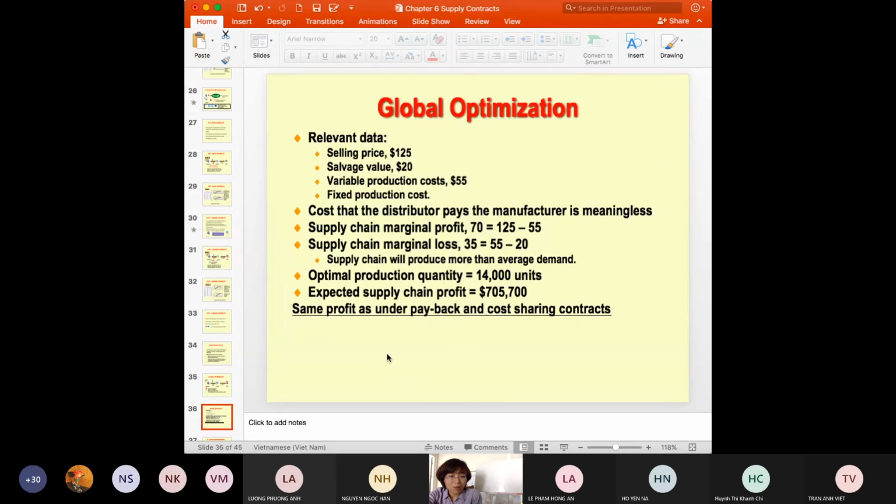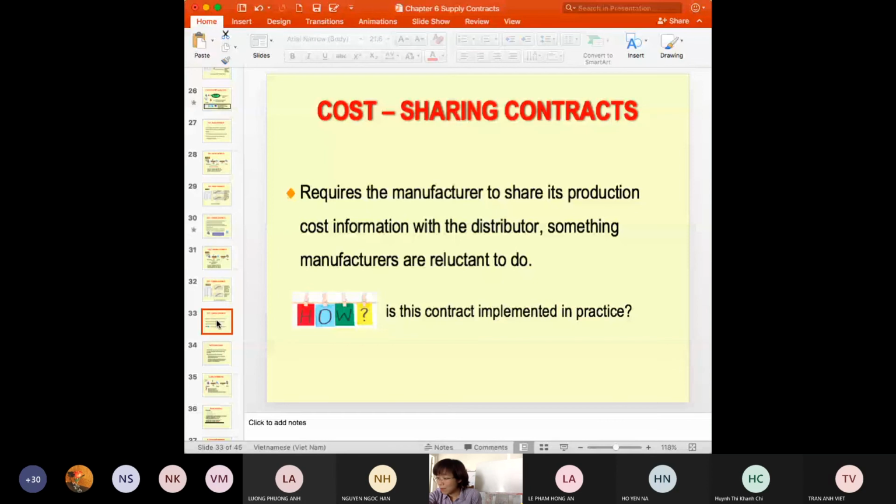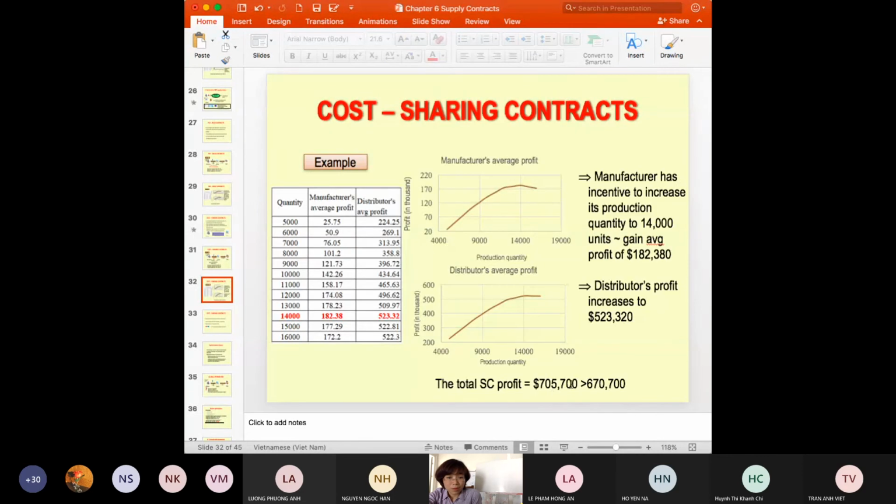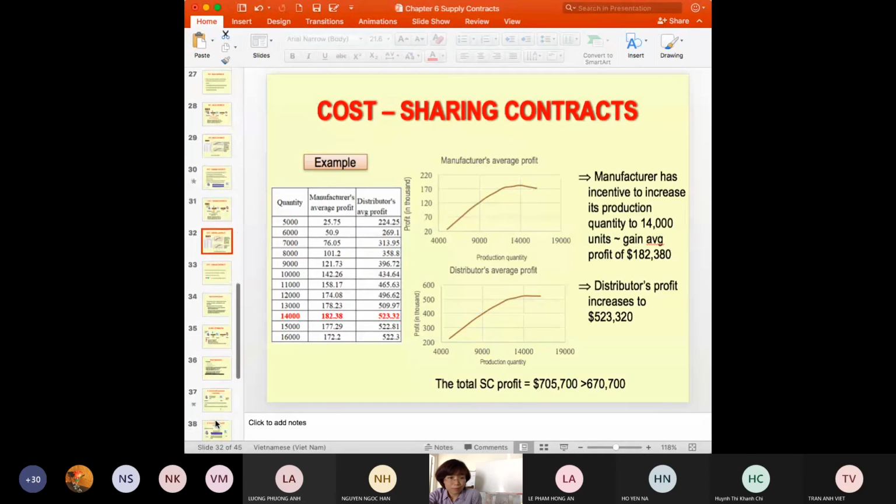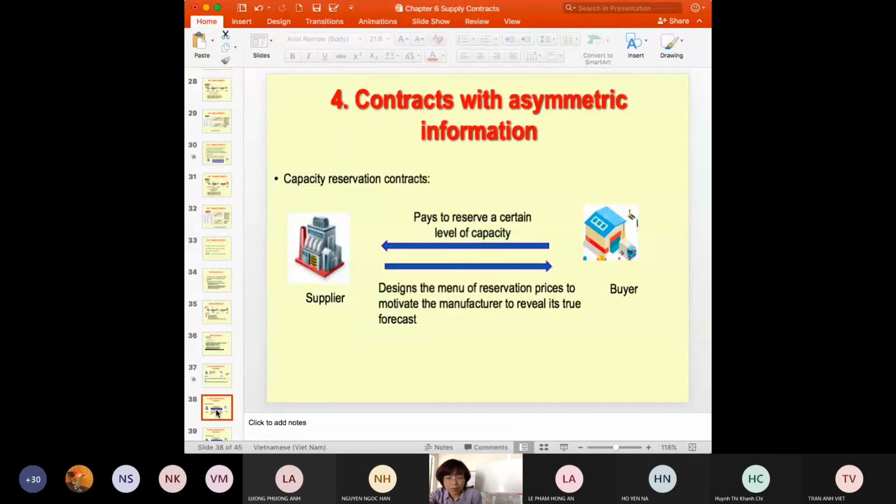The optimal quantity is calculated at 40,000, and the expected supply chain profits is that number. Compared with the payback and cost sharing, we get the same. Compare with global.